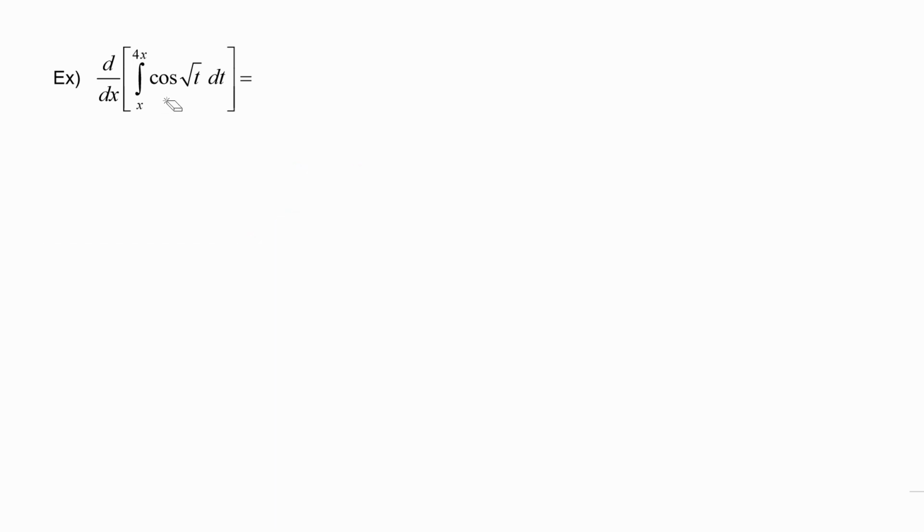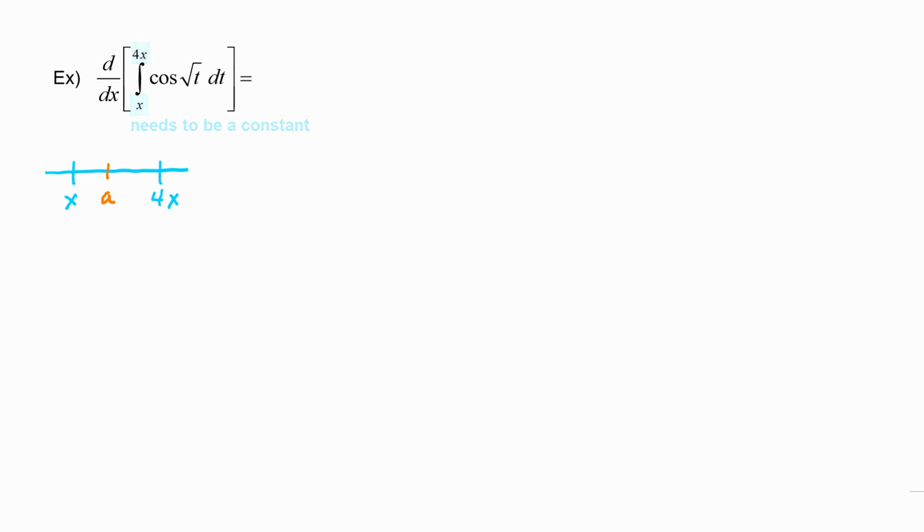In our case, we have the x variable here, and we have 4x as the upper limit, but what we can do is use the properties of definite integrals, because we can think of a number line here where we have x and 4x, and we could choose a random constant, let's call it a, somewhere in between those two.